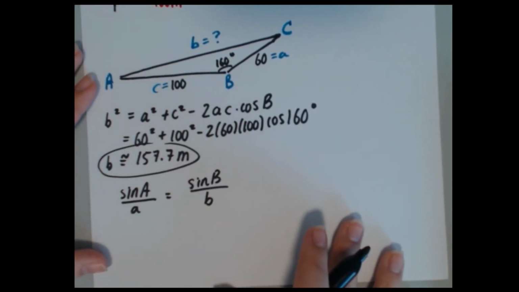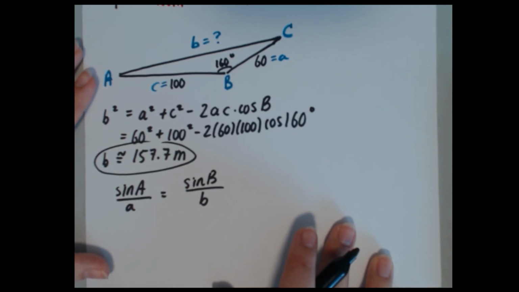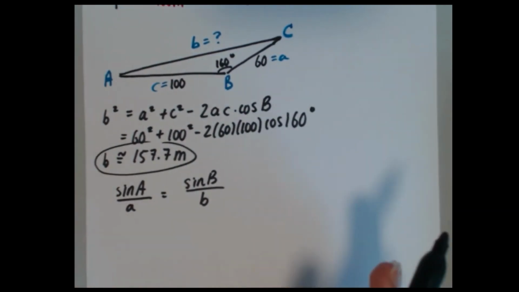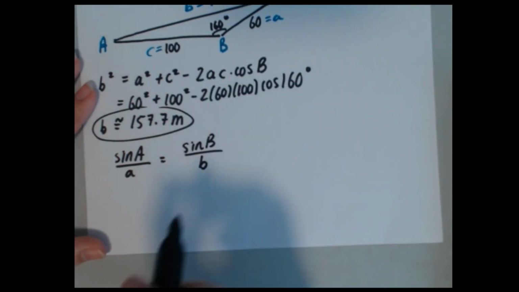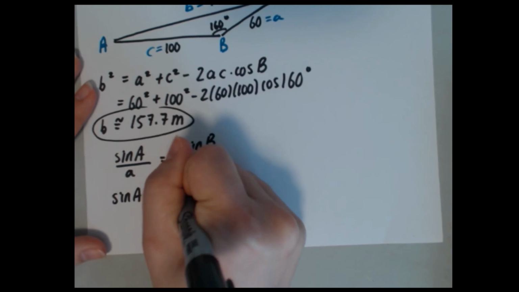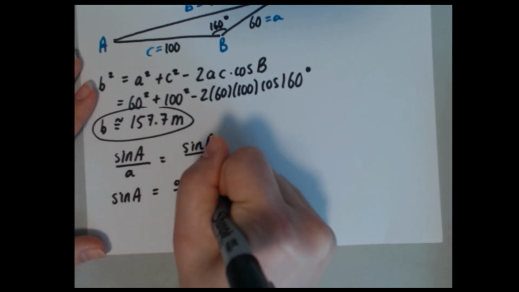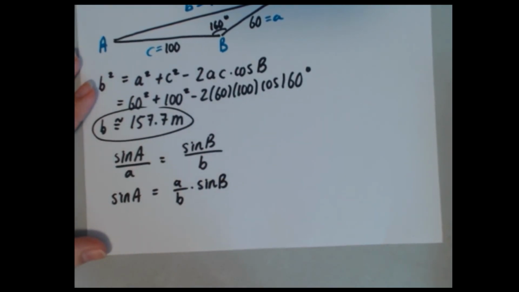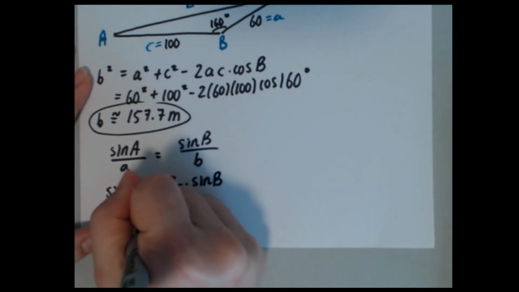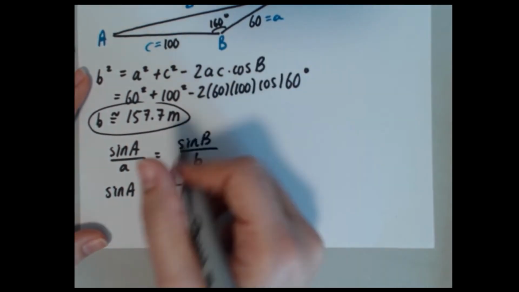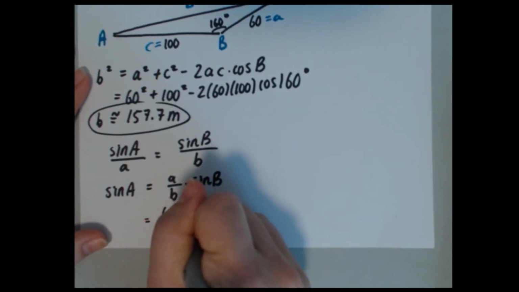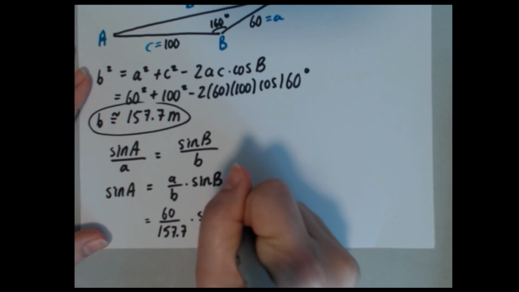Now, usually I frown upon this and I say don't use information that you just calculated to find something else. But in this case, your hands are kind of tied. So looking for sine A, that's going to be a over b times sine B. It's all just multiplication and division. It's commutative. So here we go. a is 60, b is 157.7, times sine of 160.